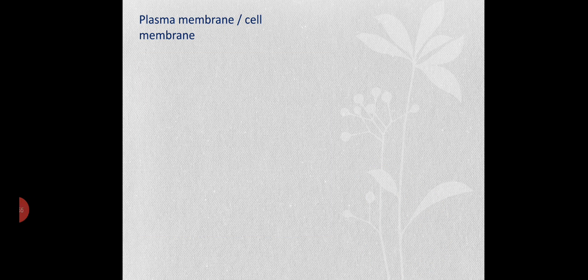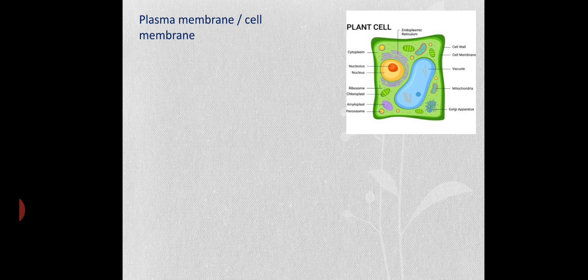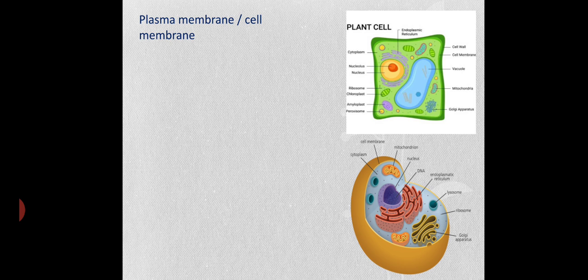Next is plasma membrane. Plasma membrane is the outermost membrane of the animal cell, since they do not have a cell wall. Plasma membrane is the second layer in the plant cell after the cell wall.